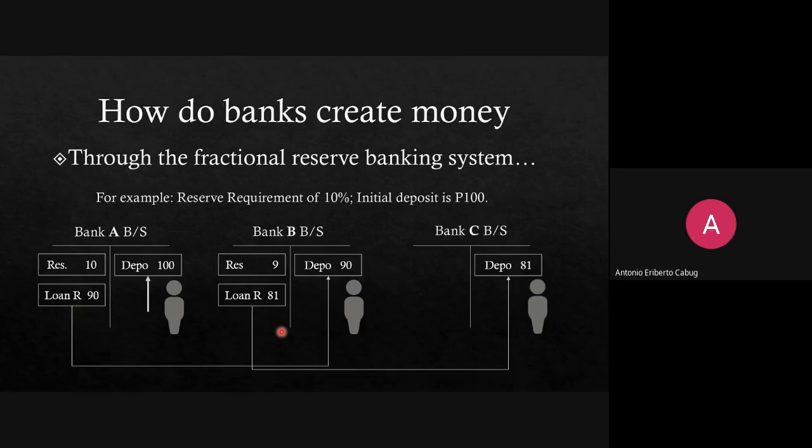Yung 10%, yun yung reserve requirement. Yung 90% niyan, 90% of 81 is 72.9, may iwan 8.1 sa bank C. This cycle can go on and on and on, leading to an unlimited supply of money.